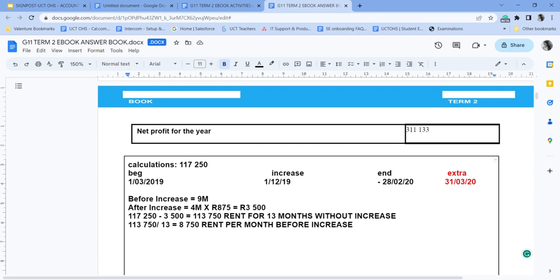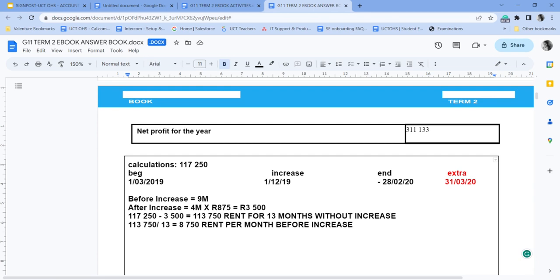You get it? Okay, so it means that our thing is getting even easier. Now we know that before the increase, it was that. However, the extra month that we need to figure out comes with the actual amount of rent plus an increase.